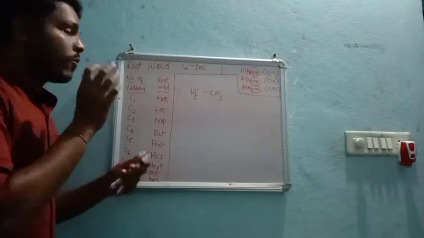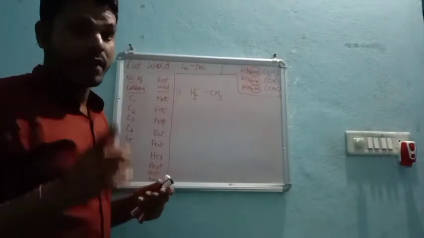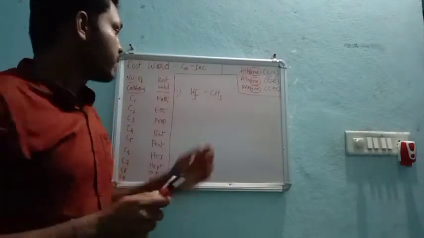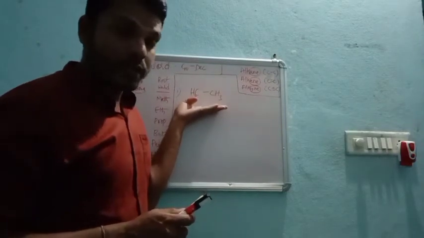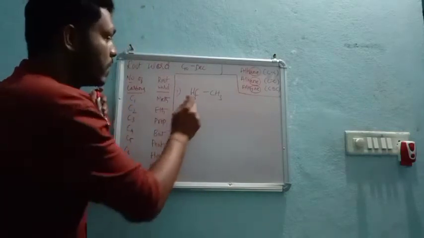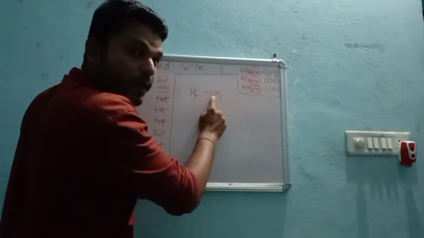So now, first, our duty is to check the root word. Root word means the number of carbon atoms. The given organic compound is this, right? In this organic compound, how many carbon atoms are present? One carbon atom and one more, that is the second carbon atom, two carbon atoms.